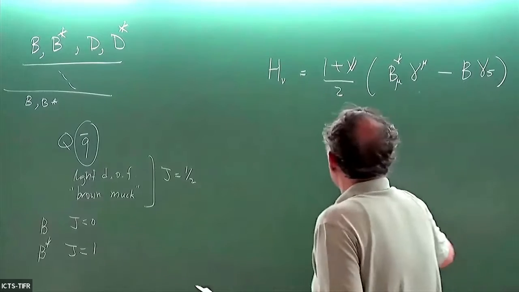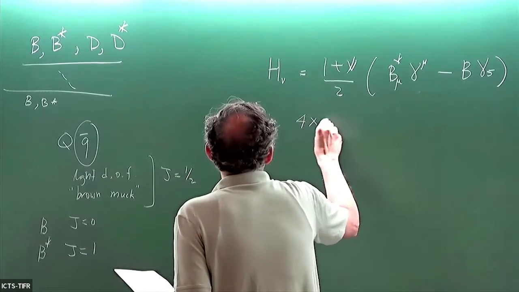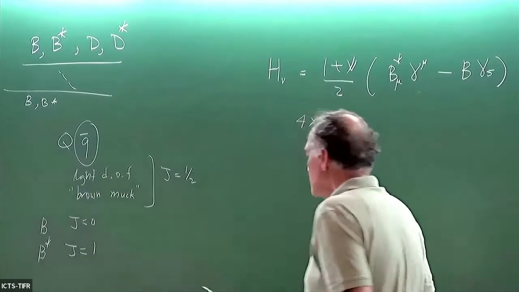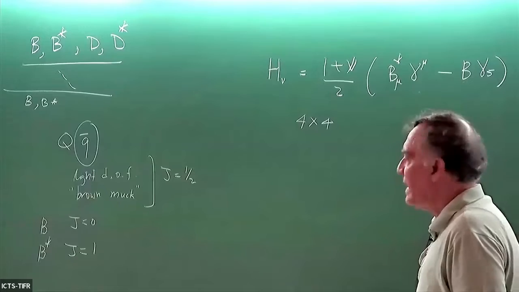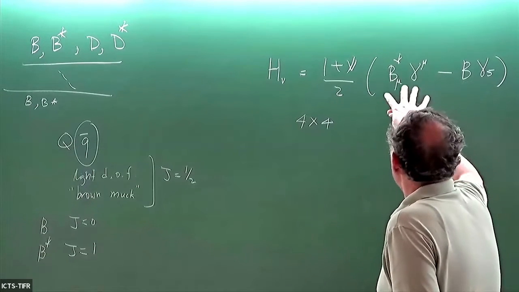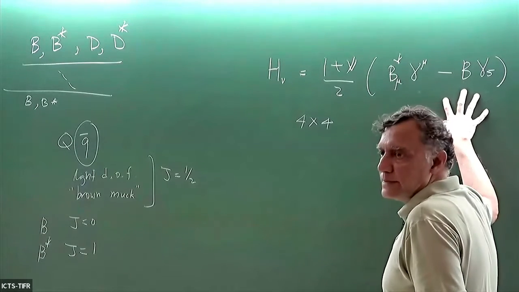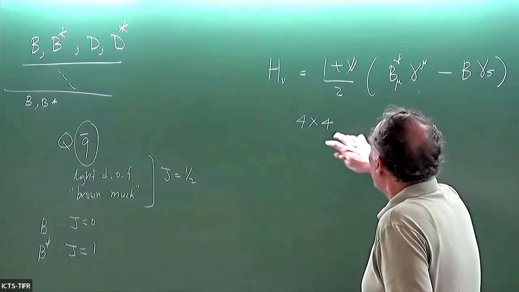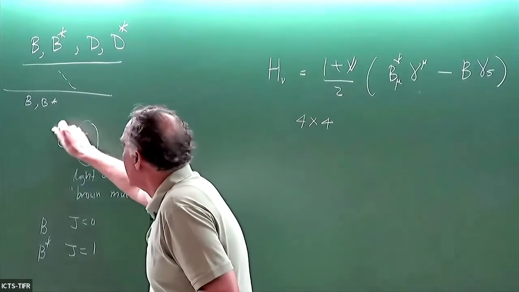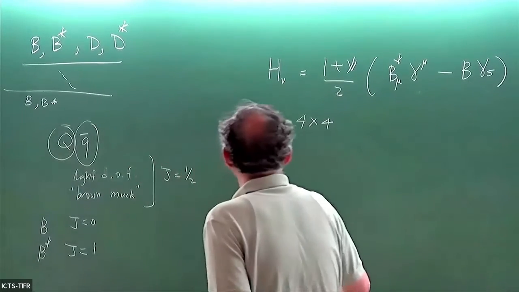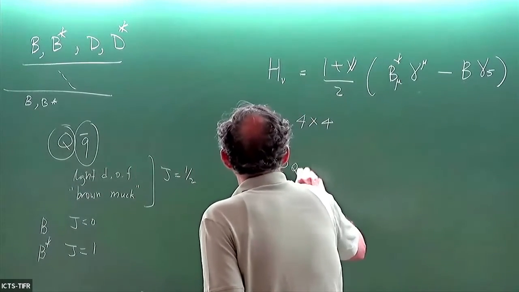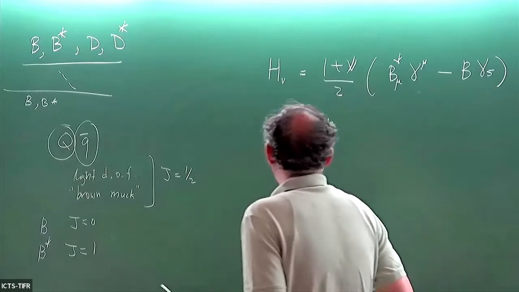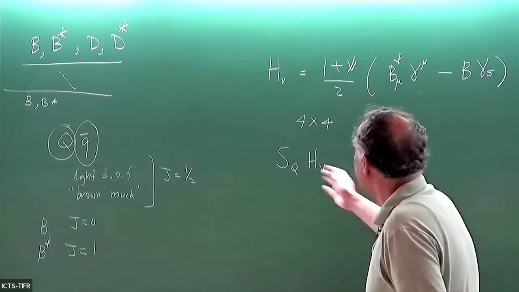So this is a 4x4 matrix in spinor space, which has both the B star and the B in it. The way heavy quark symmetry acts is it acts on the left-hand side. So the heavy quark spin operator would act by multiplication by the Pauli matrices on the left-hand side of H_v.